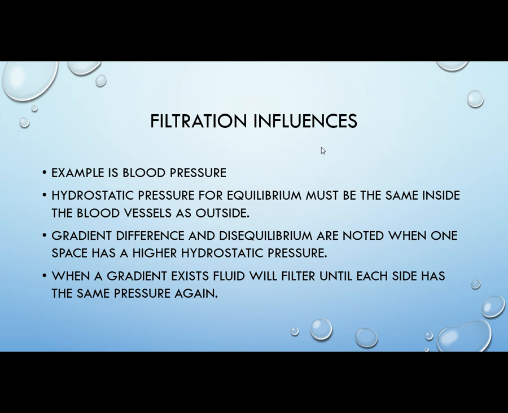Gradients is the difference in disequilibrium, noted when one space has a higher hydrostatic pressure than the other. And when a gradient exists, fluids are going to filter until each side has that same equilibrium again. And this is your filtration influences on your fluid and electrolyte.